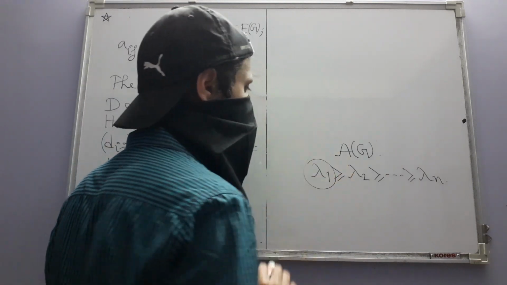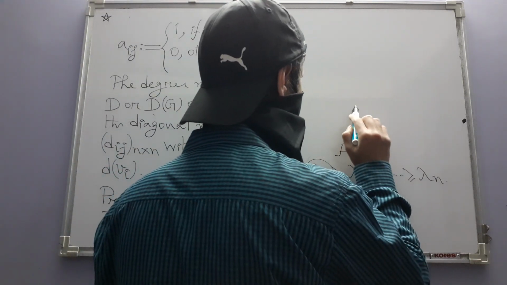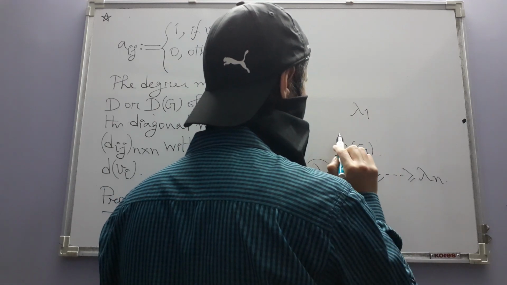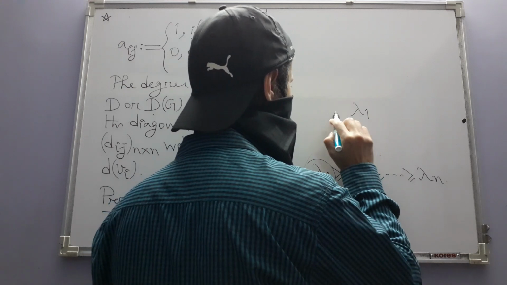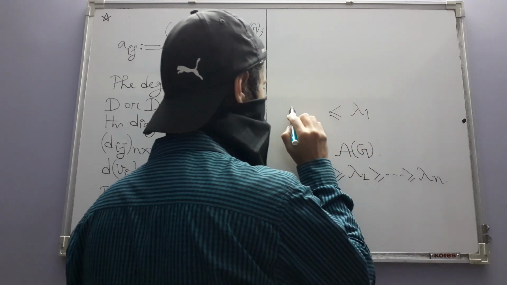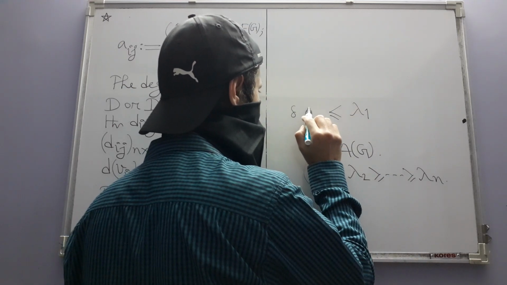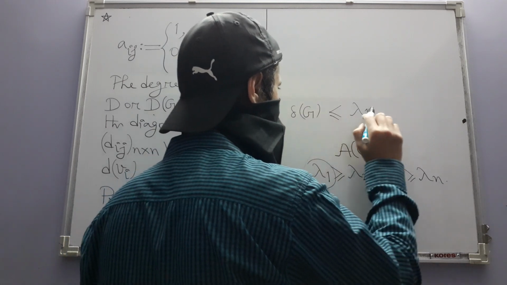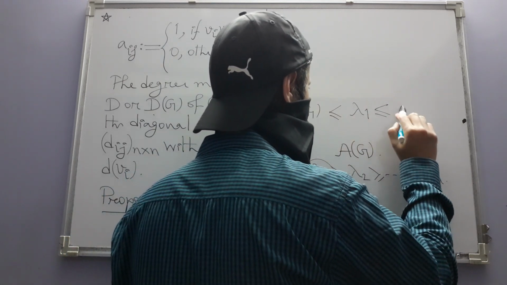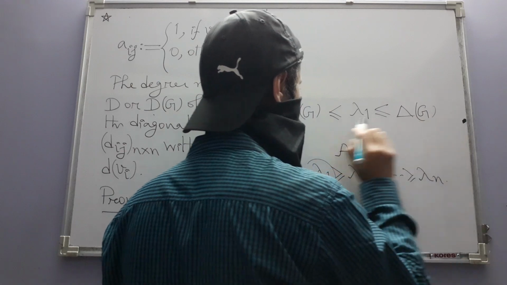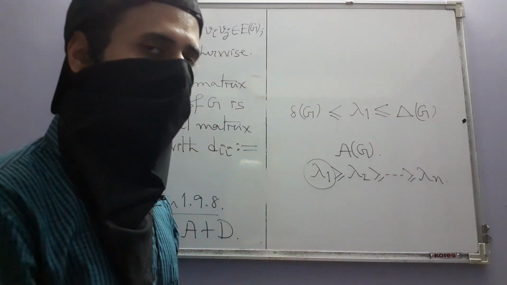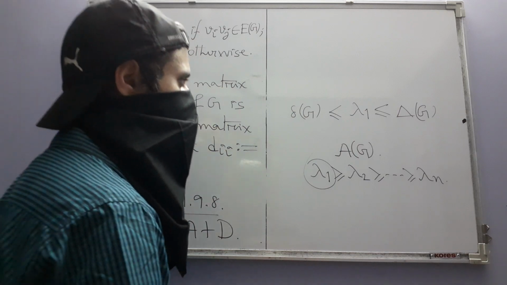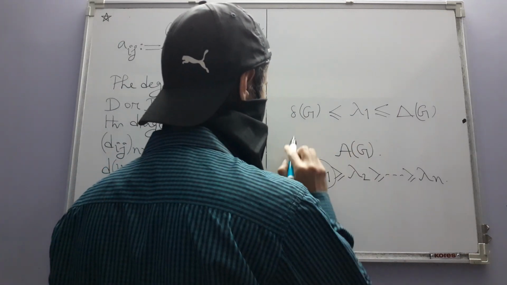The largest one, which is also called the spectral radius, if I am remembering things correctly, satisfies these inequalities, where little delta is the minimum degree of the graph, capital delta is the maximum degree, and some other such things are also there.